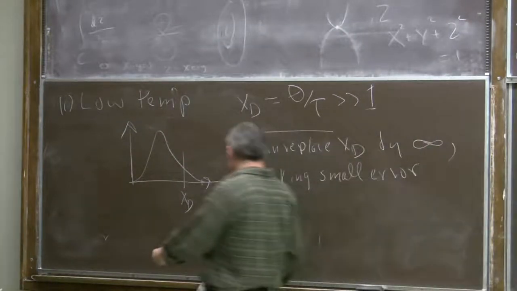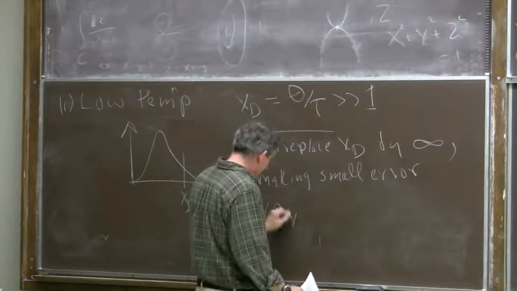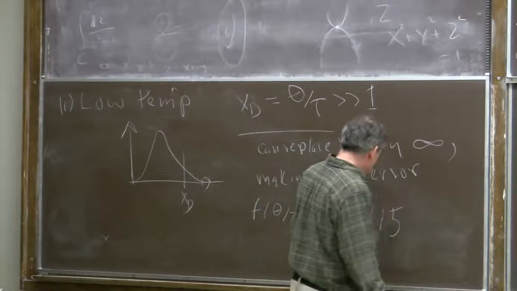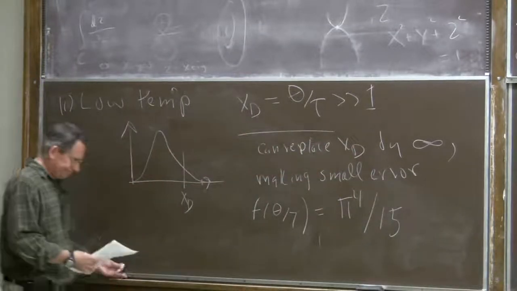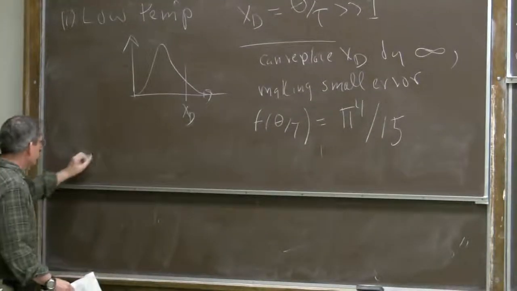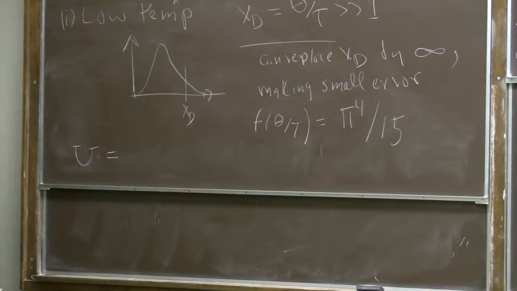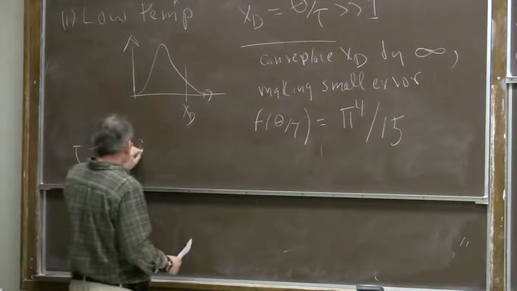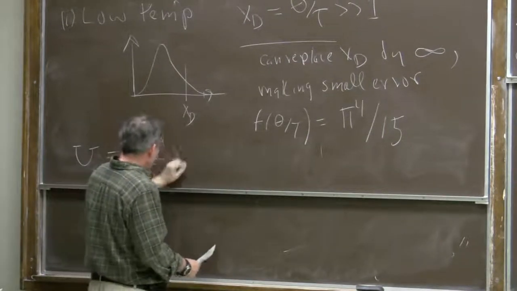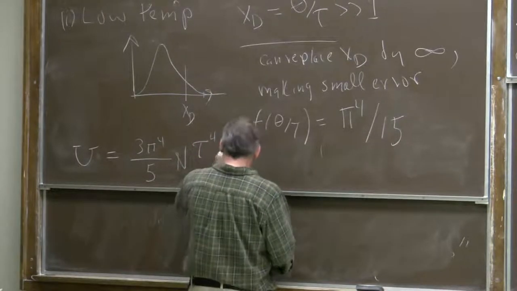And that's a famous dimensionless integral. And we used last time that it's pi to the fourth over 15. So that means in this limit we can write the total energy in thermal equilibrium at temperature tau stored in the vibrations of the crystal as 3 pi to the fourth over 5 times the number of atoms in the crystal times tau to the fourth over theta cubed.